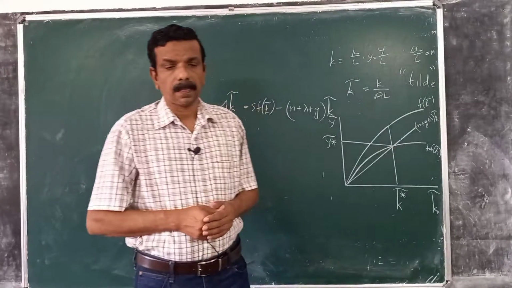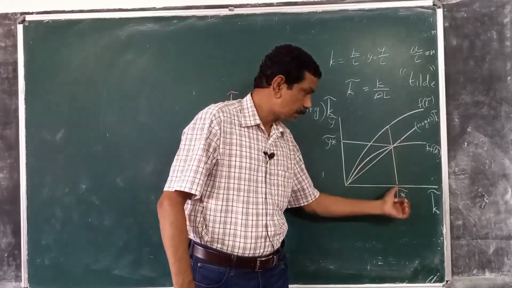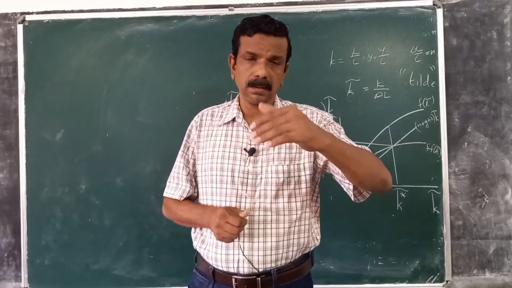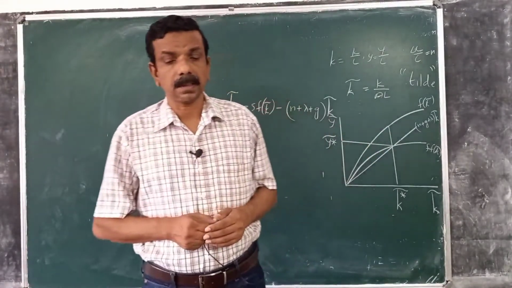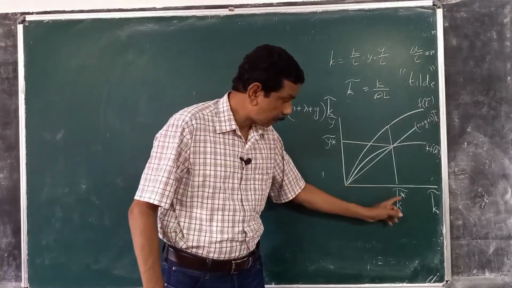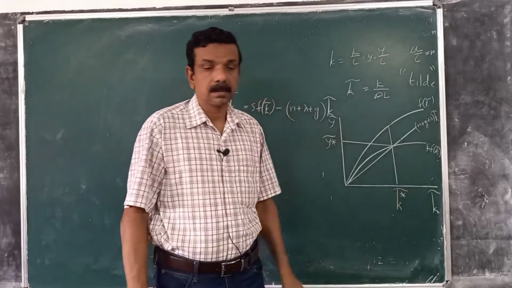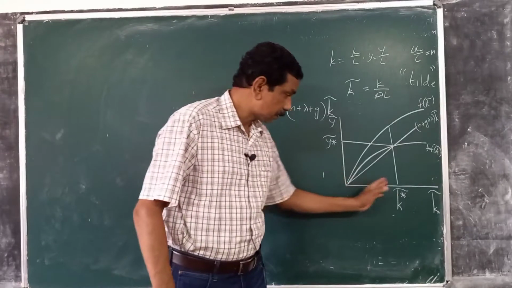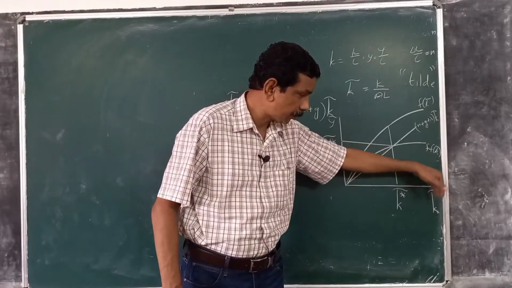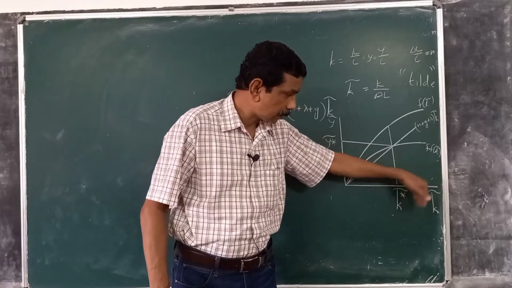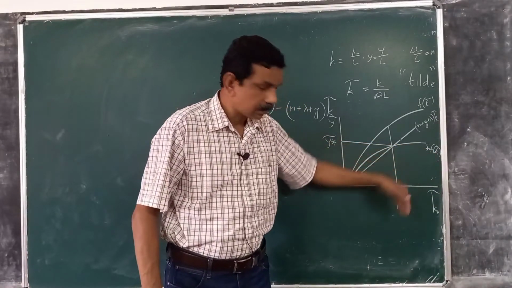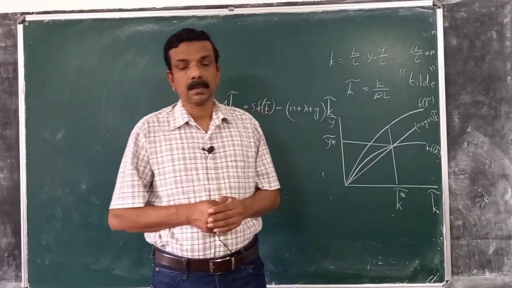If the economy begins with a capital technology ratio lower than K star tilde, it moves towards it, and if it starts with a capital technology ratio above K star tilde, it again moves towards K star tilde.